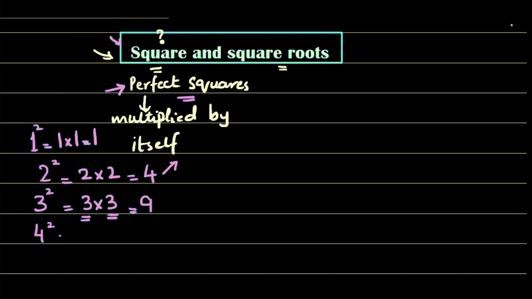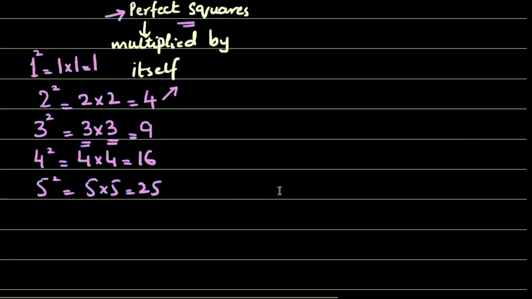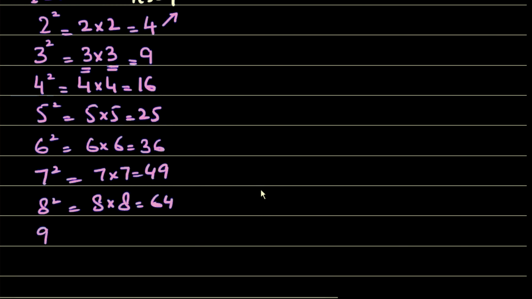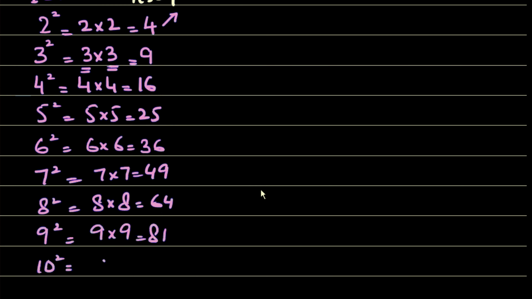And remember, you should memorize all. ये बहुत helpful होंगे आपके लिए. 4 times 4 is 16. 5 square, 5 times 5 is 25. 6 square, 6 into 6 is 36. 7 square, 7 into 7 is 49. 8 square, 8 into 8 is 64. 9 square, 9 into 9 is 81. 10 square, 10 into 10 is 100.